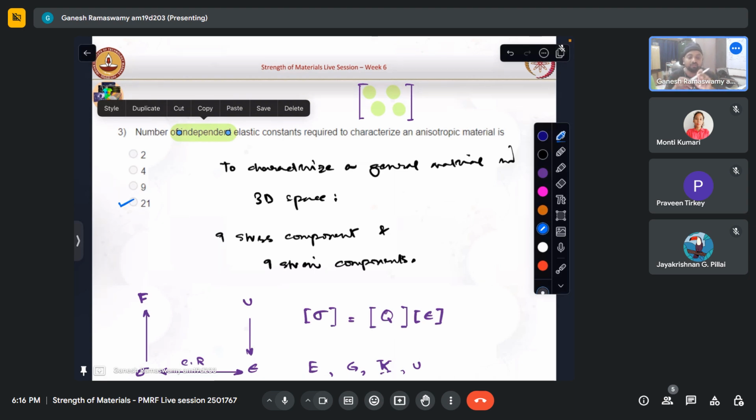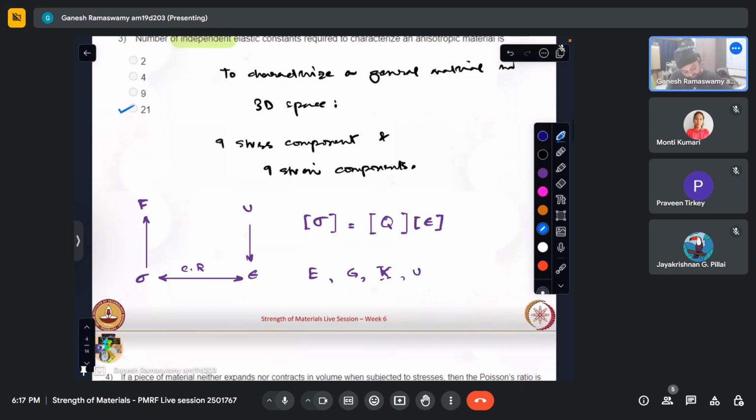For an isotropic material, let us say a square bar, I pull it, I will see that the cross section will still remain a square, but it will become less because of the Poisson's effect. However, in the case of anisotropic material, even if I pull, it could also lead to distortion of shapes, meaning that shear and normal strains will be coupled. I hope that is clear.